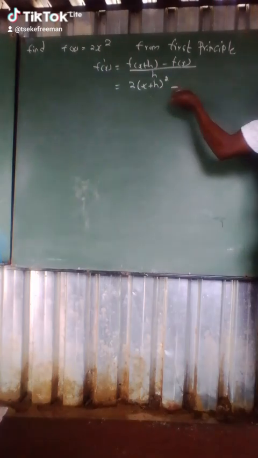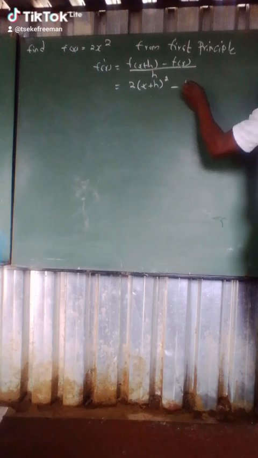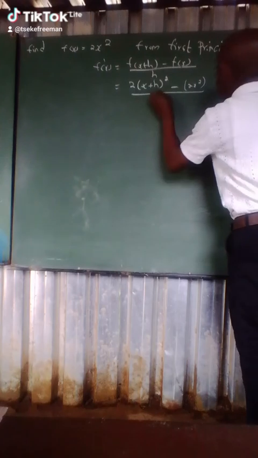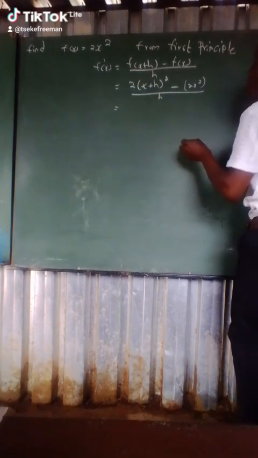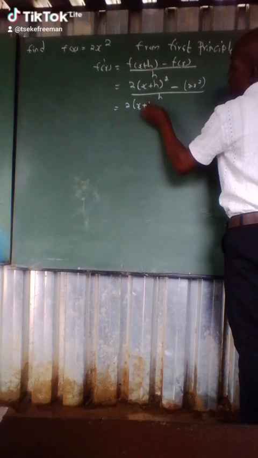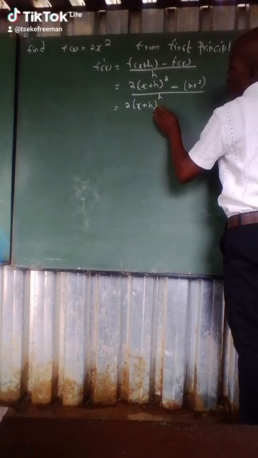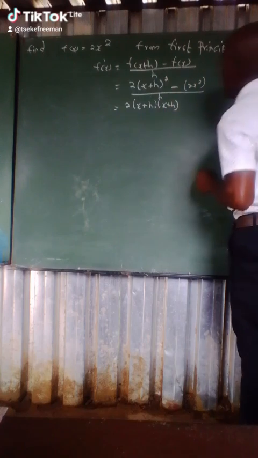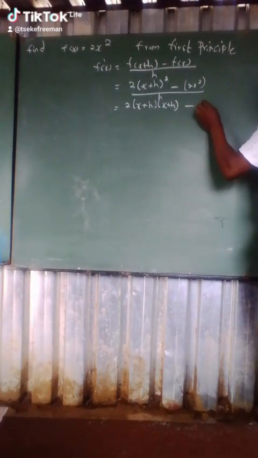Where you see f of x, you will write your 2x squared, which was the original function you were given, divided by h. Now you are going to say 2 into x plus h, and then you open up 2 brackets, x plus h. Again, since it had exponent 2, then you minus your f of x.